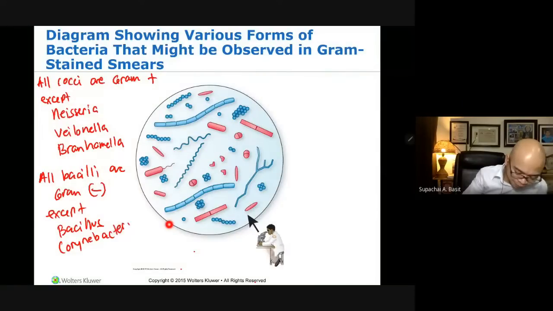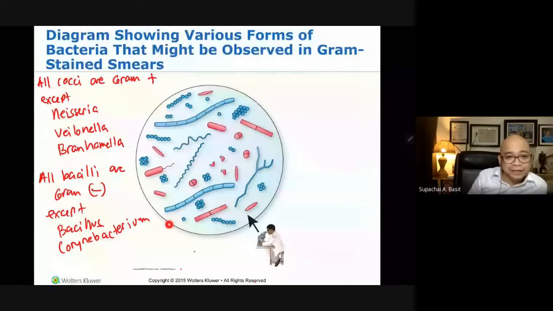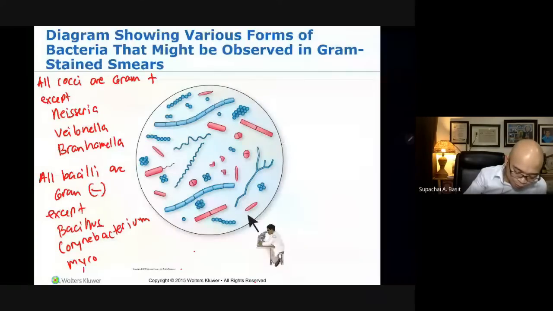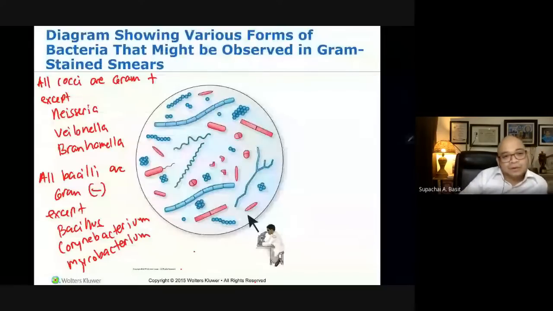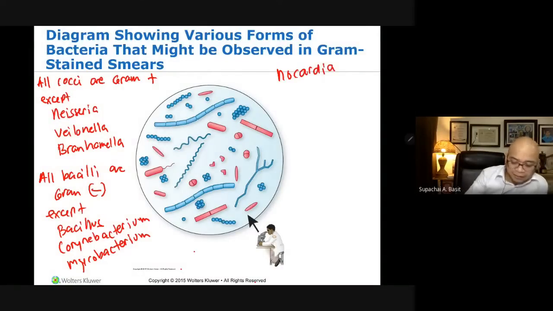Corynebacterium is a gram-positive bacteria. Mycobacterium is a gram-positive bacteria. Nocardia is a gram-positive bacteria. Erysipelotrix is a gram-positive bacteria.